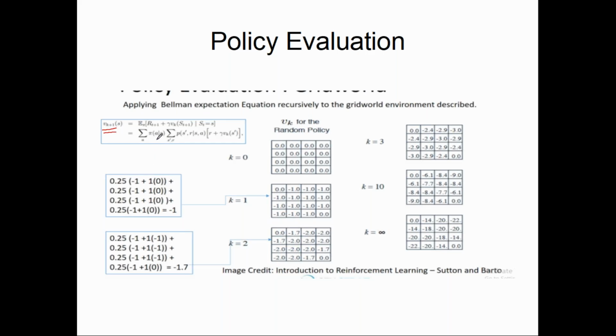That means we are looking at one probability, which refers to the policy, and another probability which is because of the environment. Then once the action has been taken, you get a reward, right? Reward plus the value of the next state.